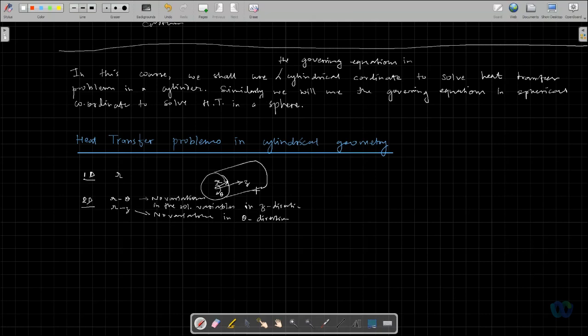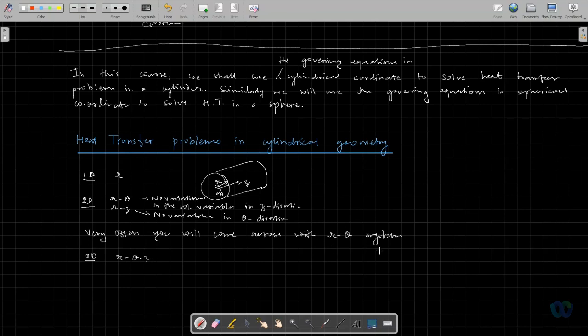It is also possible that there is no variation in the R direction and only variation in theta and Z, and you can also talk about that problem. Very often you will come across the R-theta system. If it is 3D, then all R, theta, Z coordinate equations have to be solved.